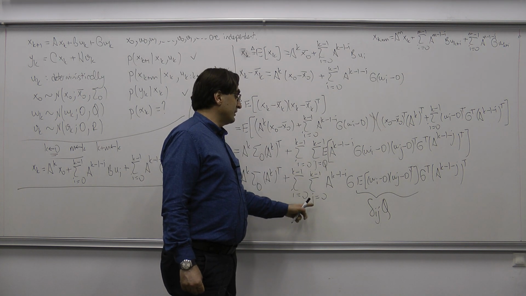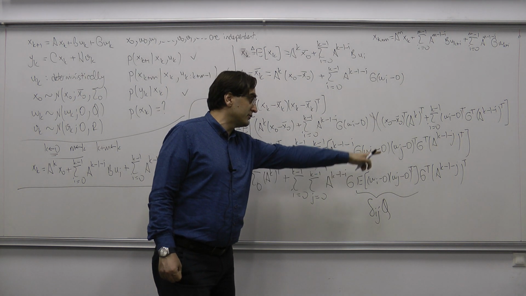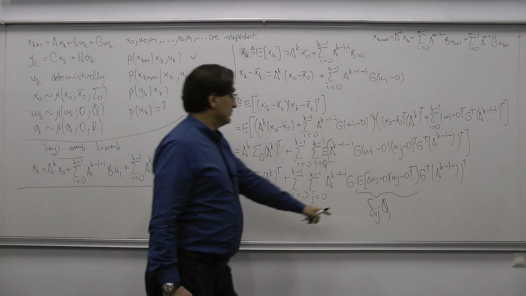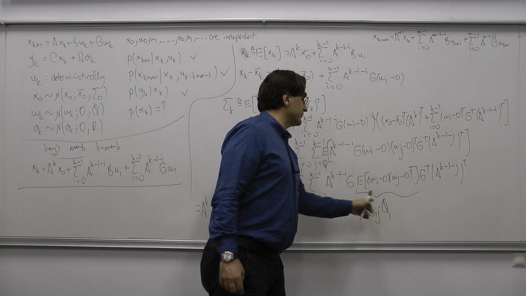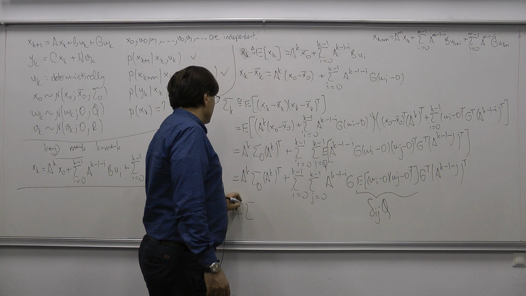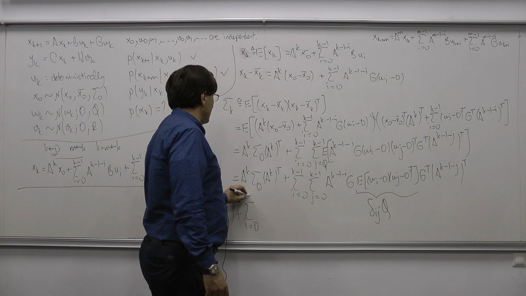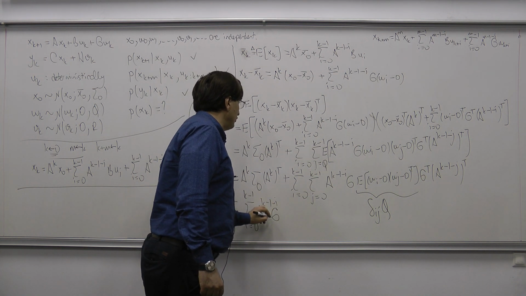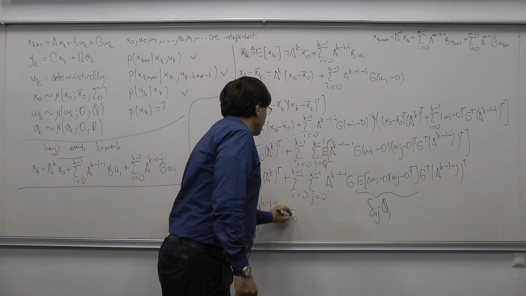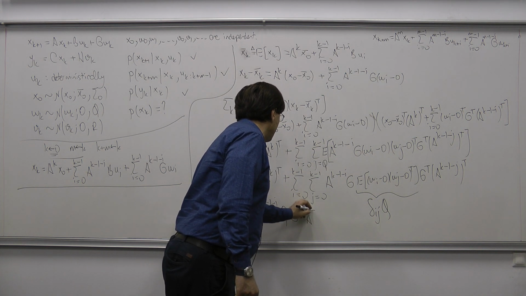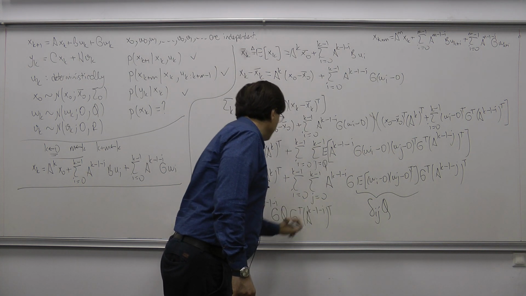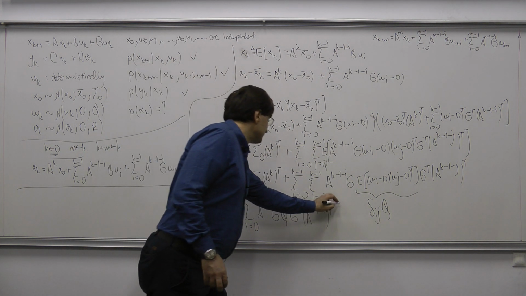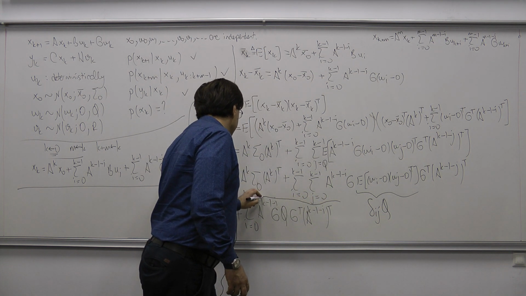That means that I can substitute j equals i in the argument of these summations, and replace this expected value with Q. So I have i from 0 to k minus 1, A to the k minus 1 minus i times G times Q times G transpose times A to the k minus 1 minus i transpose. So this is our Sigma_k.